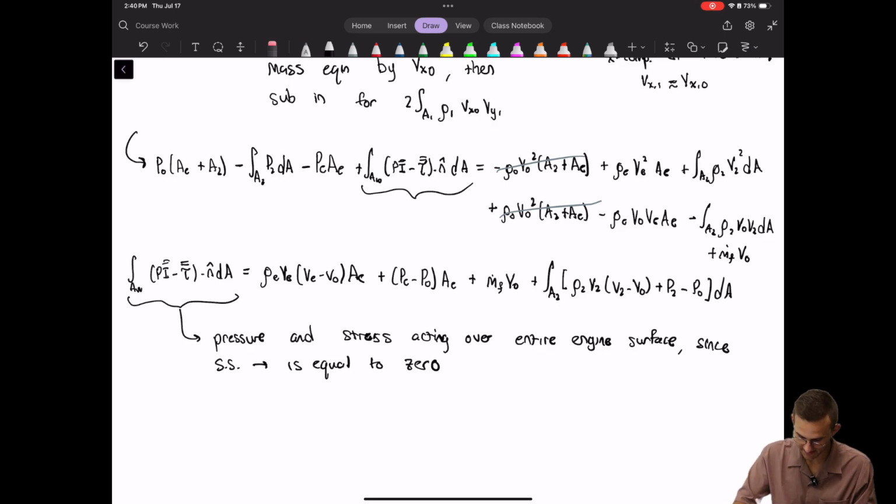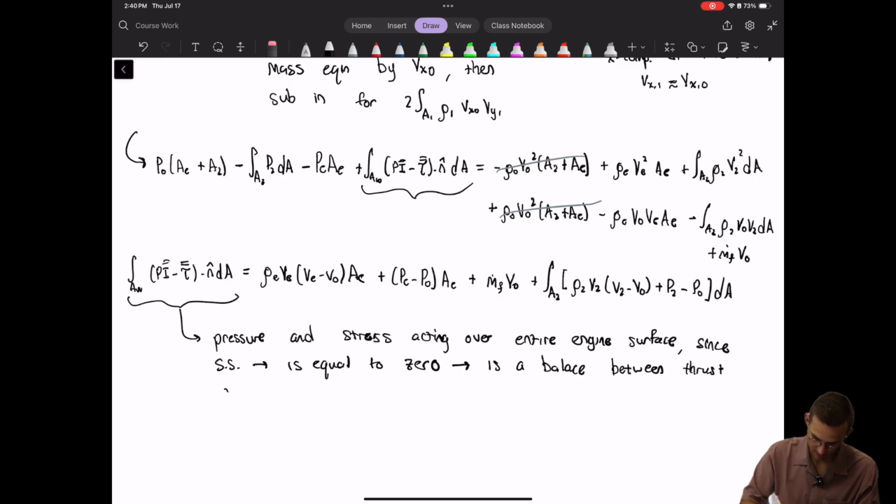And you can think of it as a balance between thrust and drag. So it is equivalent.